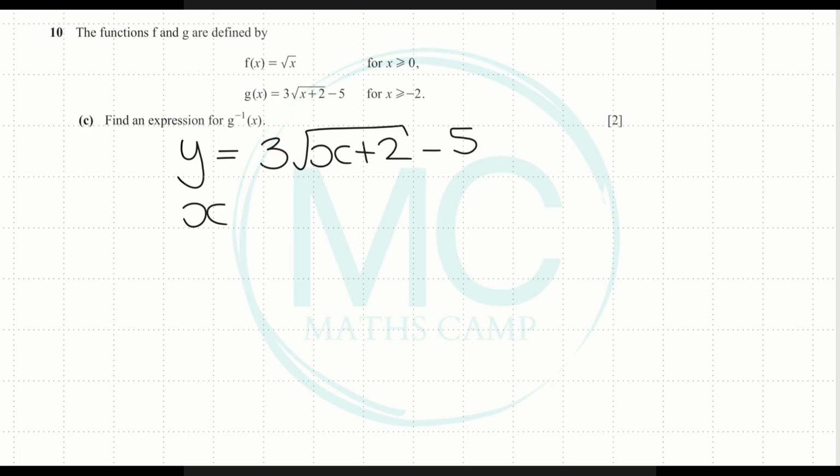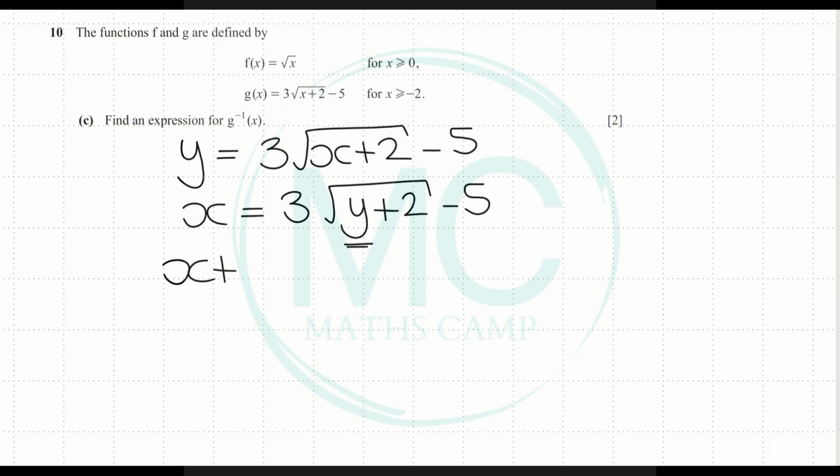So we get x is equal to the square root of 3y plus 2, minus 5. Now we need to make y the subject of the equation. So let's move negative 5 to the left. We get x plus 5 is equal to the root of 3y plus 2.